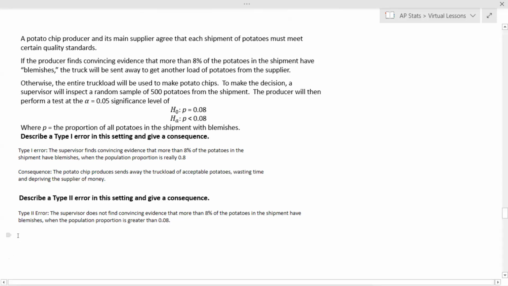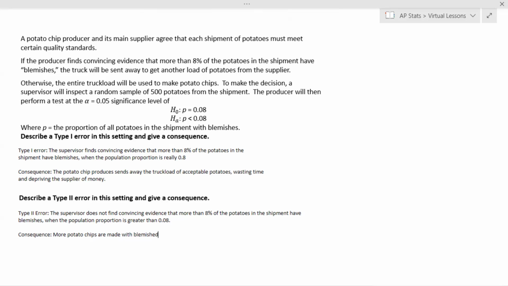A type 2 error consequence would be more potato chips are made with blemished potatoes, which may upset customers and lead to decreased sales.